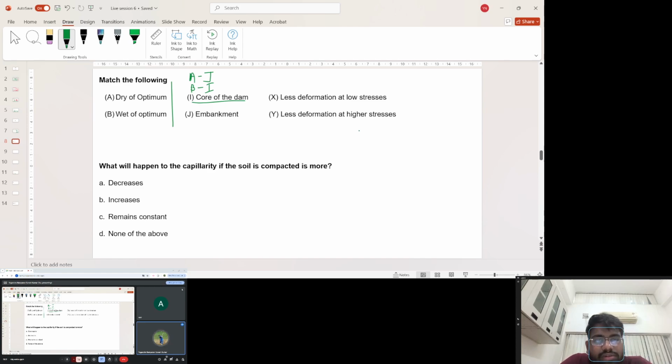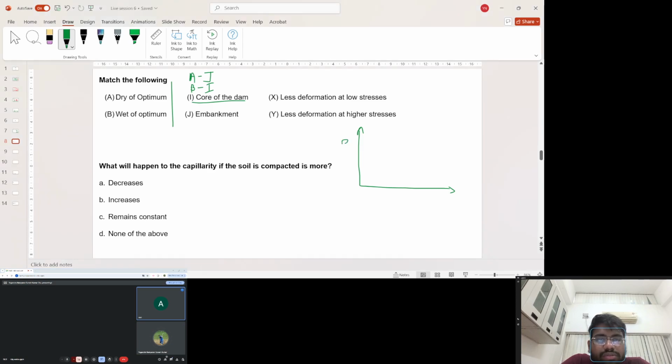For that we need to understand the compression curves. How can we measure deformation? A simple parameter is void ratio e, and stresses will be effective stresses. Here it is normal effective stress.